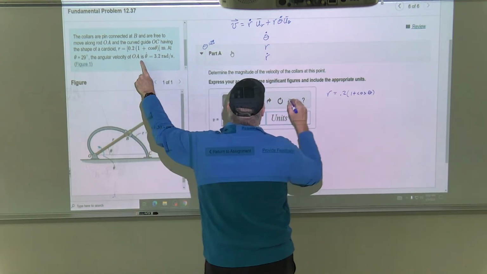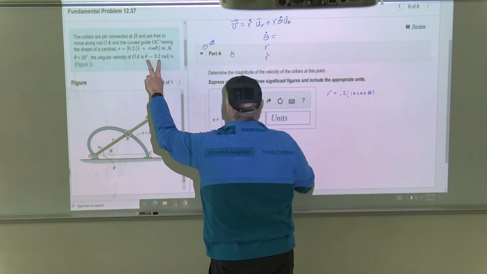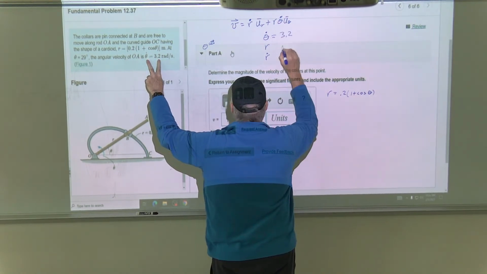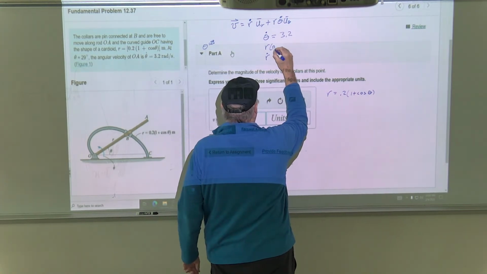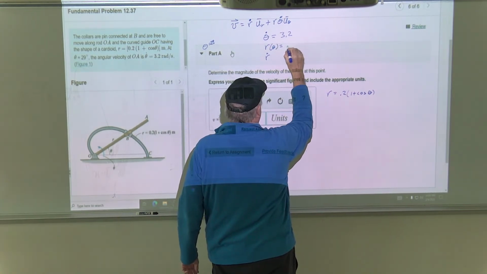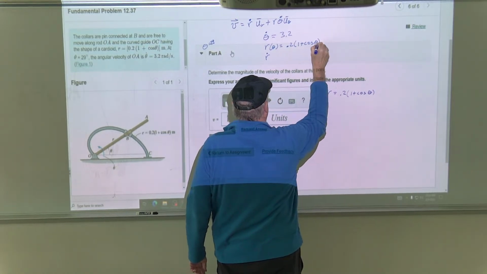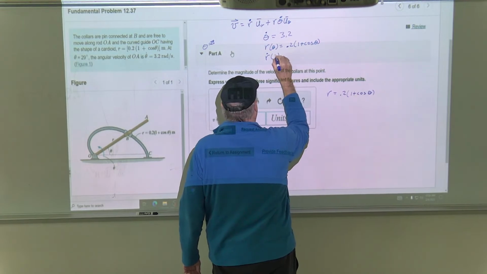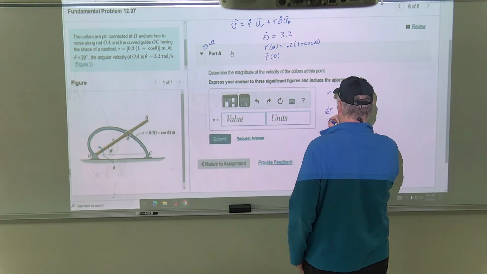This one, he told you outright, at all times it's 3.2. This one, if you want to put it in as a function of theta, you would have 0.2, 1 plus the cosine of theta. This one, you don't know yet, so you do it in the generic sense.